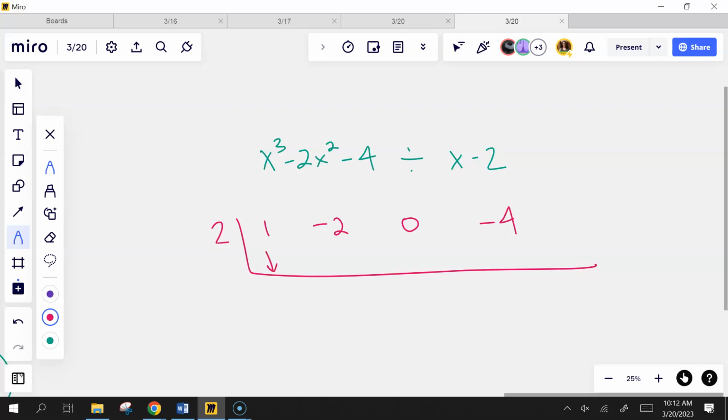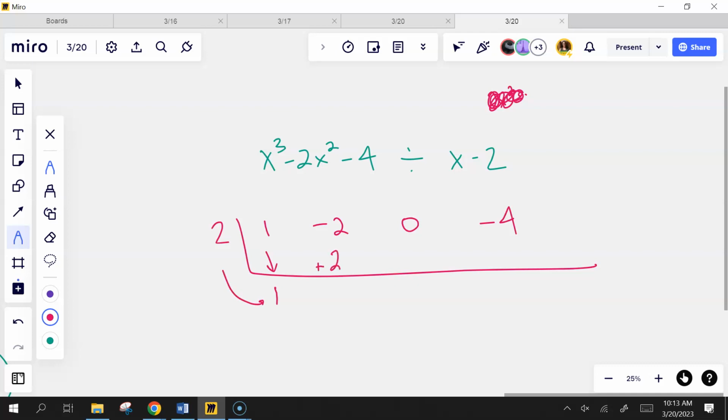All right, we're going to drop the first. By the way, what'd you get, BJ, whenever you did long division on this one? 2x squared. Okay, that's not right. All right, we drop the first, multiply around. 2 times 1 is 2.